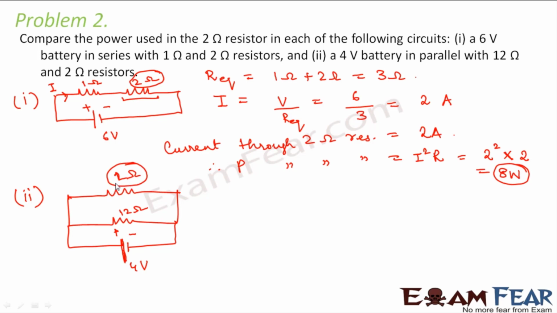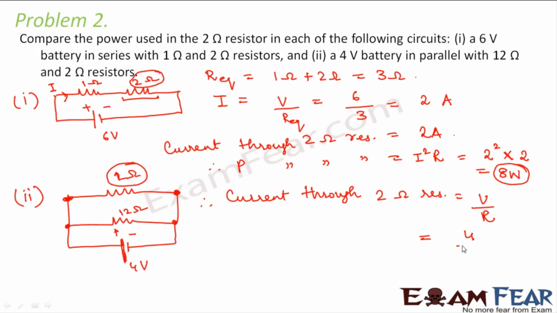Now what is the potential difference across these resistors? The potential difference across these 2 points is 4 volts. Potential difference across these 2 points is also 4 volts. Therefore, let us first calculate the current through the 2 ohm resistor. That will be equal to V by R as per Ohm's law.